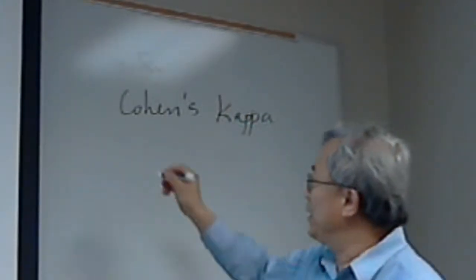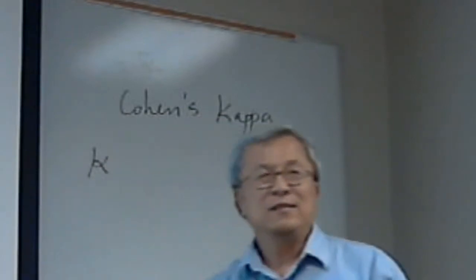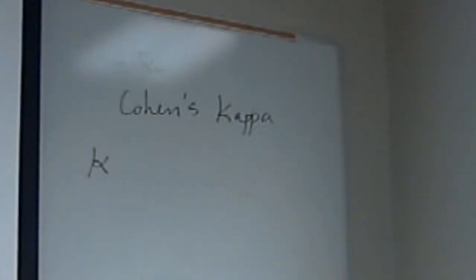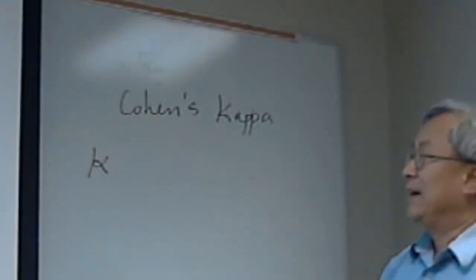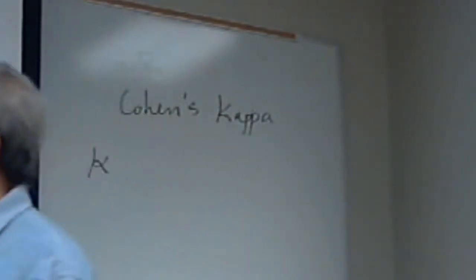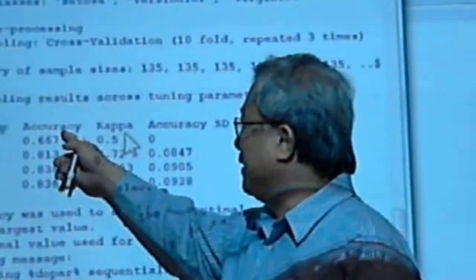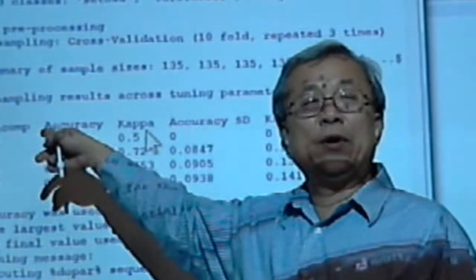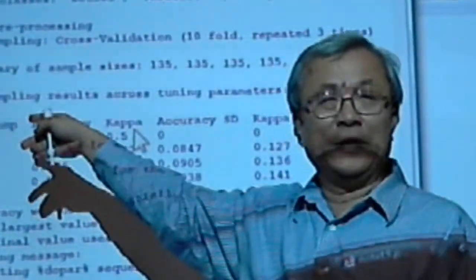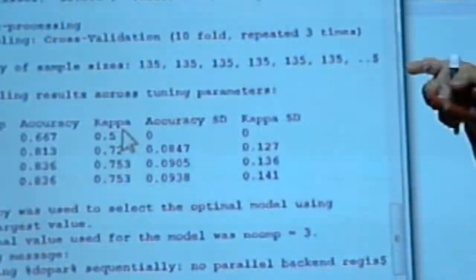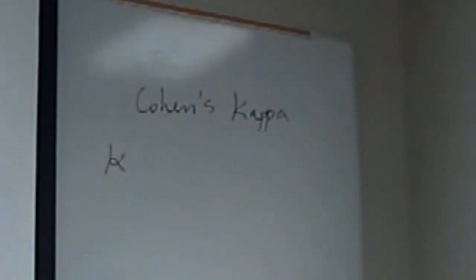It's sort of a measure of the proportion of actual agreements. The reason is that the regular error rate didn't take into consideration randomness in the data. So it's sort of deterministic.